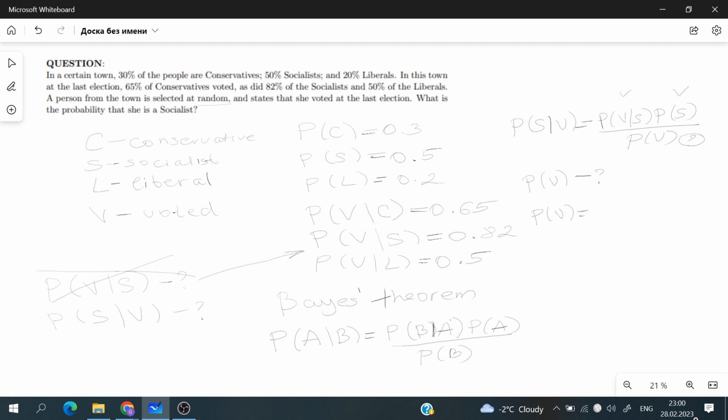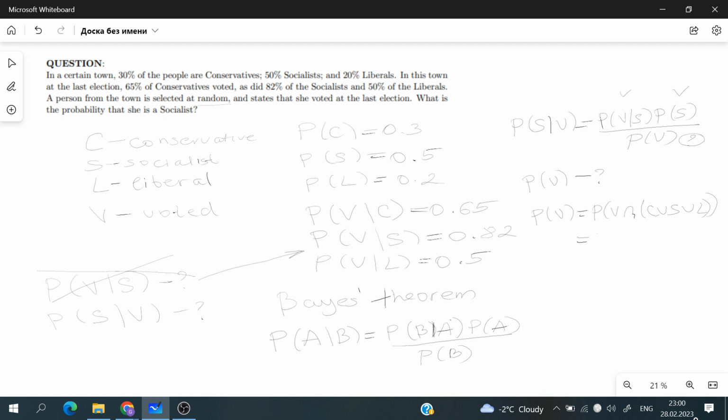Probability of V, that person voted, equals probability of person voted intersection, right? Intersection means and, C or S or L. That person being either conservative or socialist or liberal, correct?